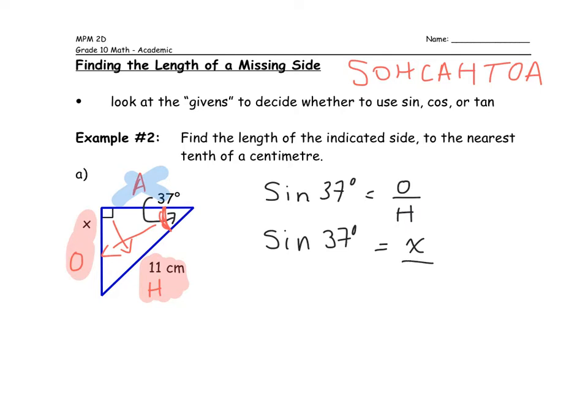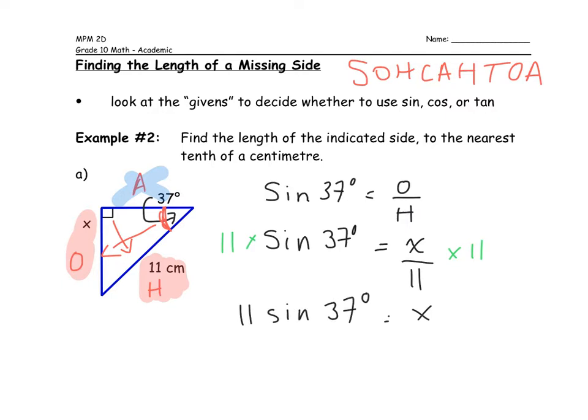And my hypotenuse has a length of 11. So there, I've set this up so that I can solve for my unknown side, x. Now I'm going to isolate x in this equation by multiplying by 11. So then I've isolated x. So x is now equal to 11 times the sine of 37 degrees.